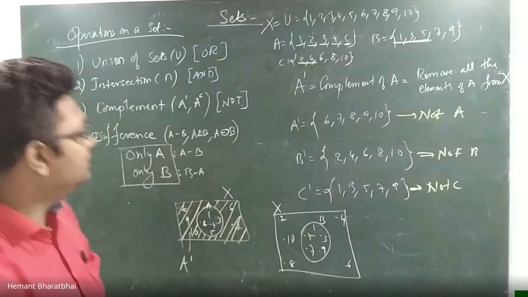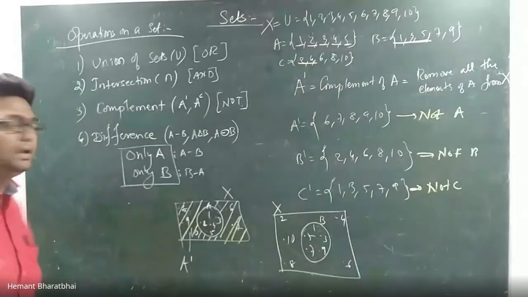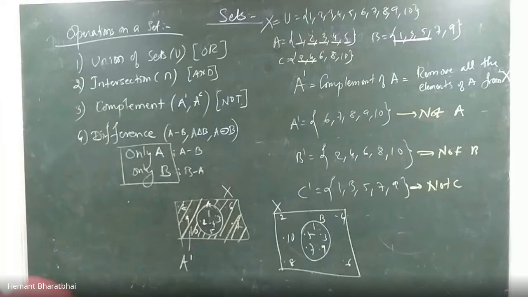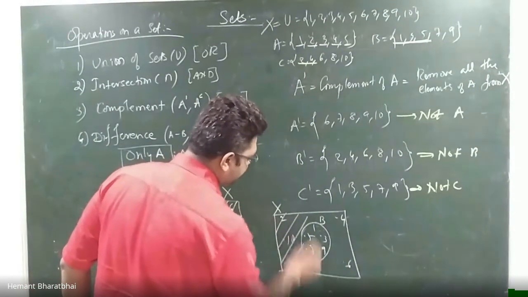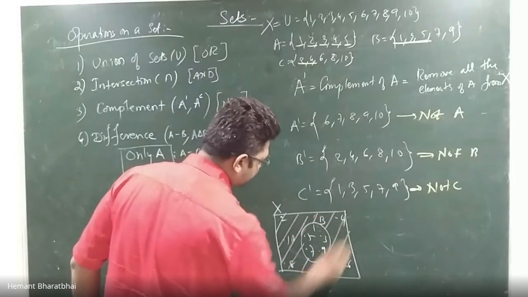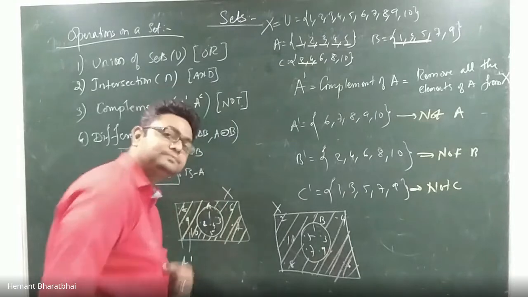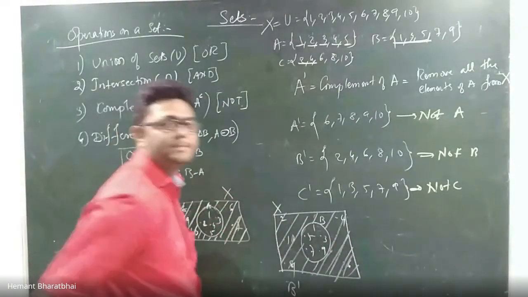If you observe, in B complement we got those elements only: 2, 4, 6, 8, and 10. So I'll shade that where I'm having 2, 4, 6, 8, and 10. I'm going to shade this. This is going to be my B complement.